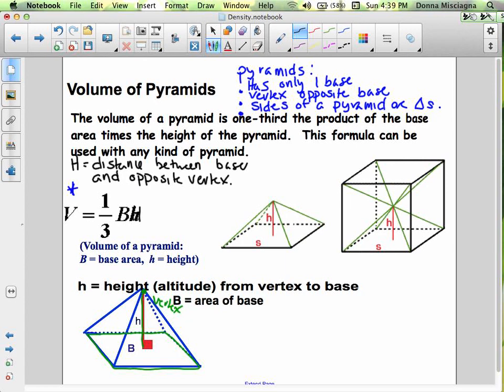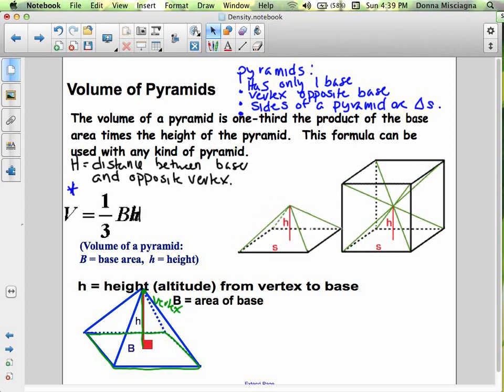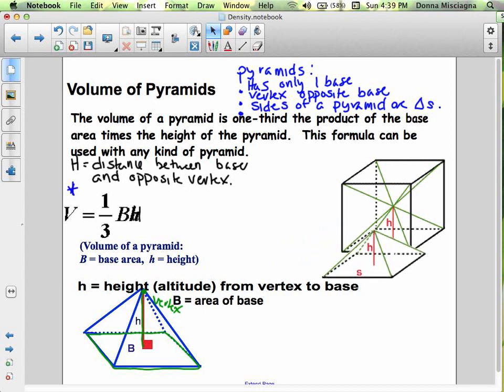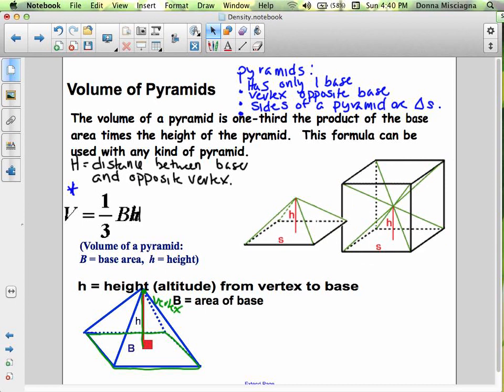And you may be wondering why the 1/3. I tried to demonstrate this in class with a three-dimensional model, but I think this two-dimensional model will get the point across. I have a pyramid here, and its height is half the height of the rectangular prism.